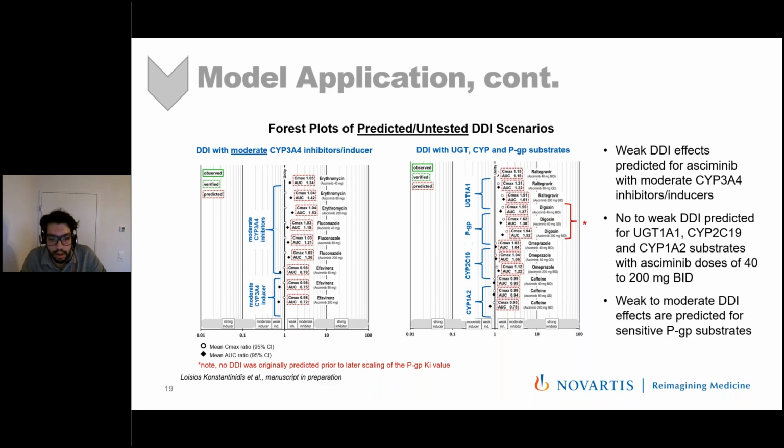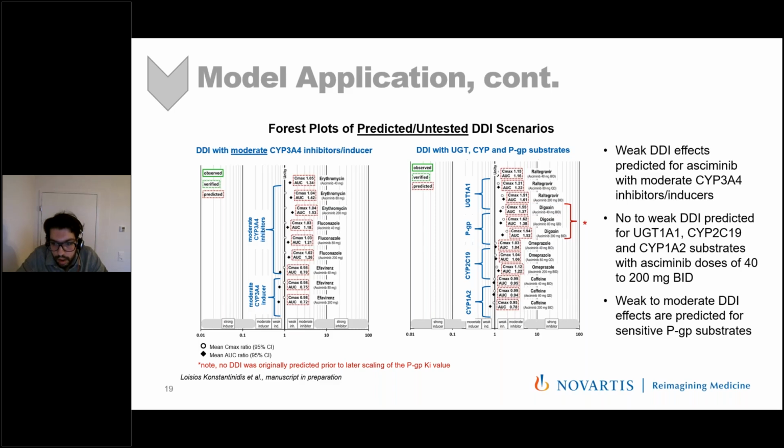That's why you see these boxes all signified with the red dashed line. For example, we had the weak DDI effects predicted for asciminib with moderate CYP3A4 inhibitors and inducers, which is shown here.